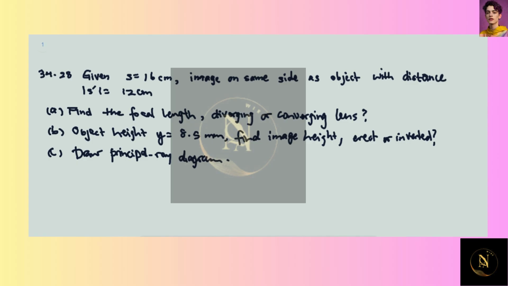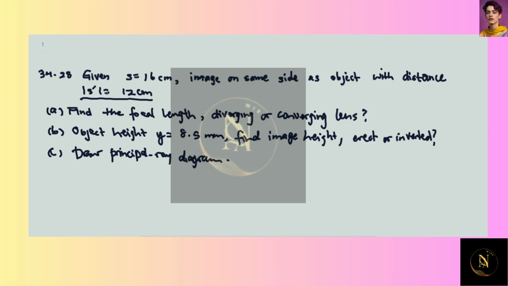Problem 34.28 gives us an object distance of 16 centimeters from a thin lens, and we're told that the image is on the same side as the object, at a distance of 12 centimeters. In part A, we're asked to find the focal length of this lens and whether it's a diverging or converging lens.